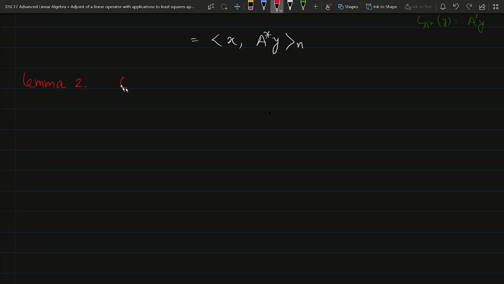It says let A be an M cross n matrix where entries are coming from the field F, then rank of A star A is same as rank of A. Okay, whenever you are identifying the rank of any matrix, in that case we can go from the rank nullity theorem. Okay, you know the rank nullity theorem.